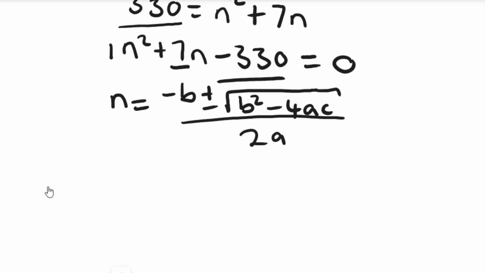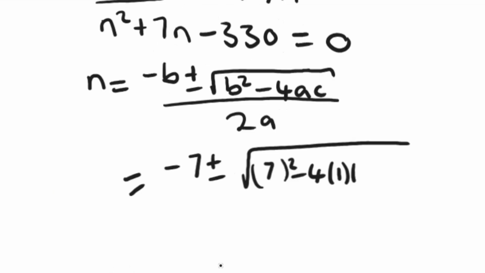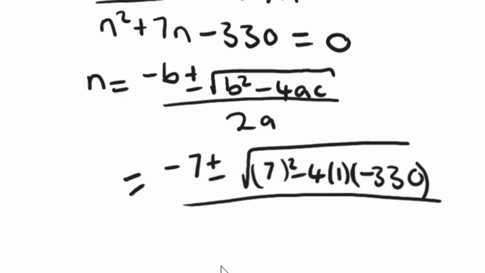Now we say this will be equal to minus b, that is 7, plus or minus the square root of b squared, that is 7 all squared, minus 4 times a, which is 1, times our c, which is minus 330, and then we close the bracket. And then we divide everything by 2a, our a is just 1.